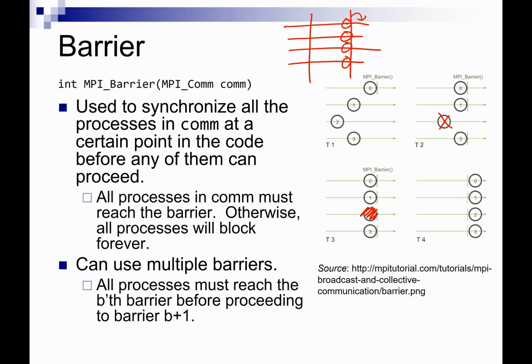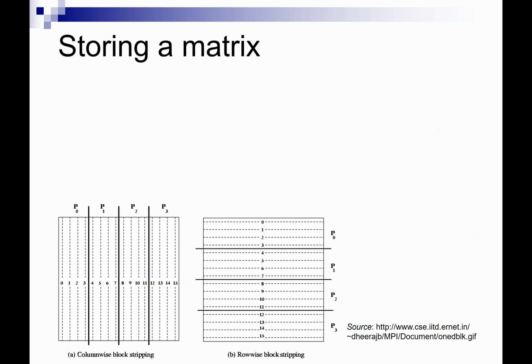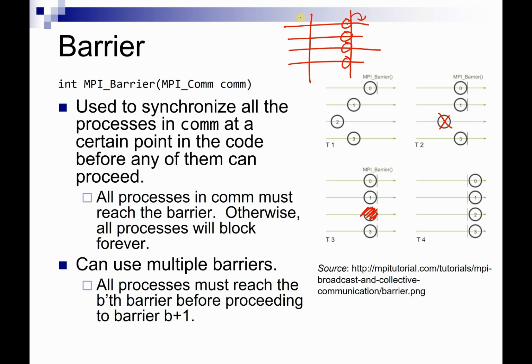Therefore, the processes are going to be operating in phases. What I mean by that is all of the processes will be doing this part of the code first. And then they won't be able to do the next chunk of code until everybody has done this chunk of code.